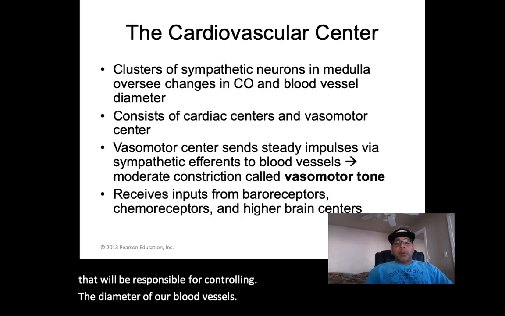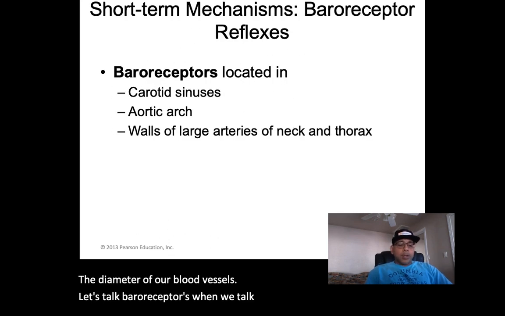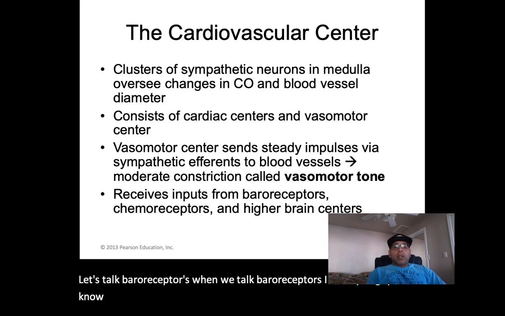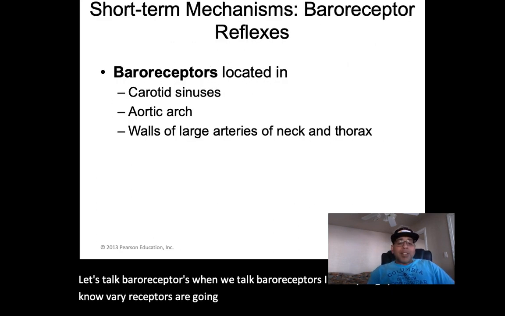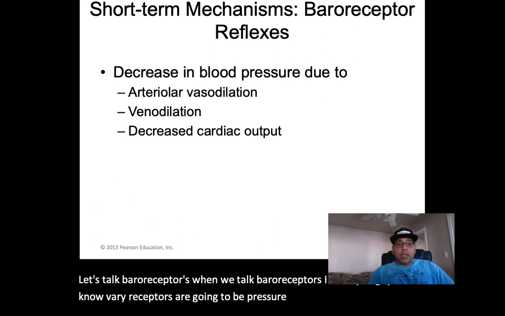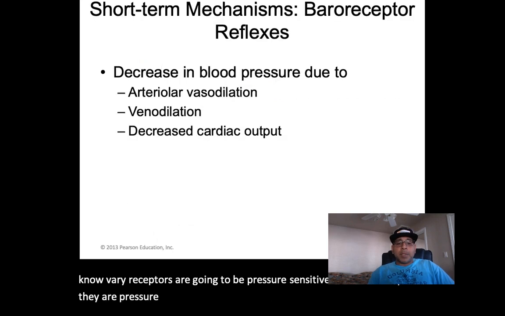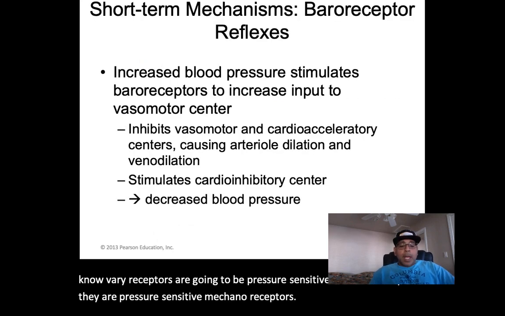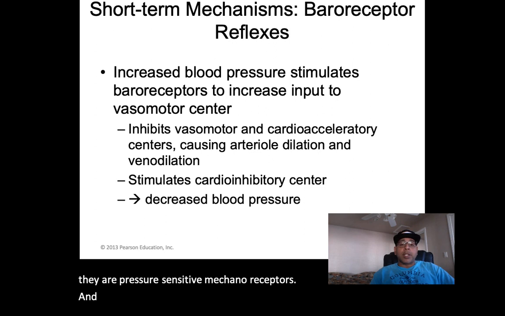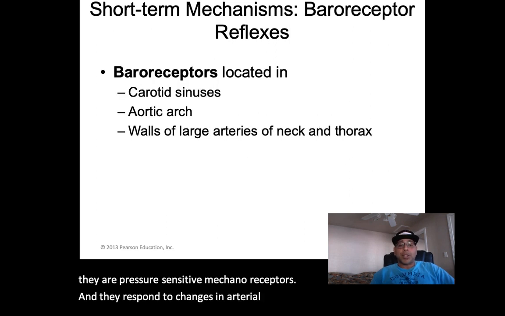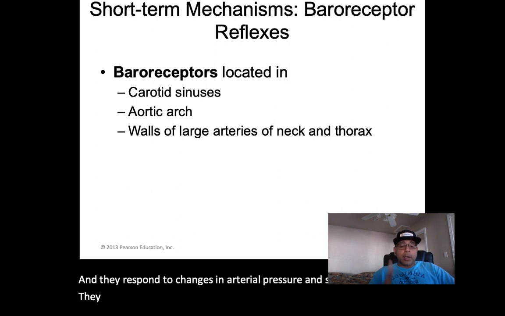Let's talk baroreceptors. Baroreceptors are pressure sensitive mechanoreceptors, and they respond to changes in arterial pressure and stretch.